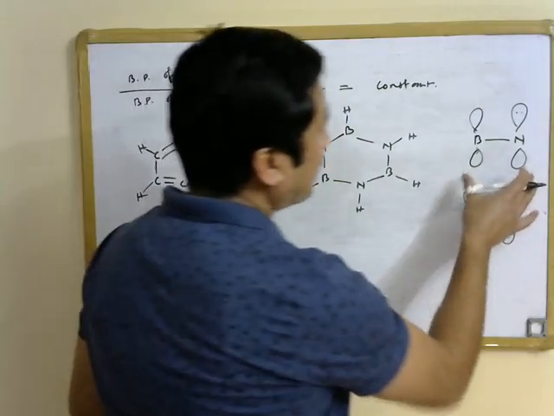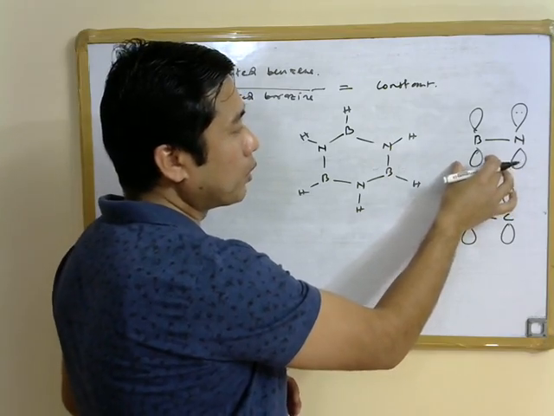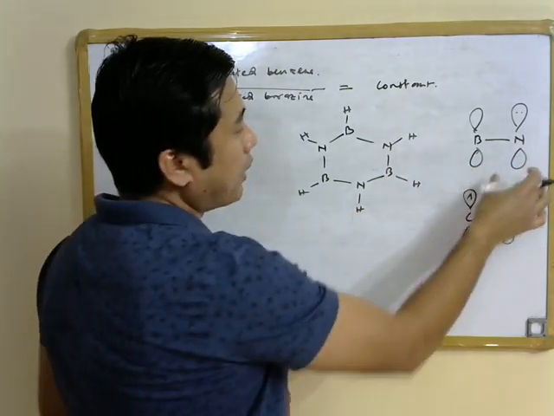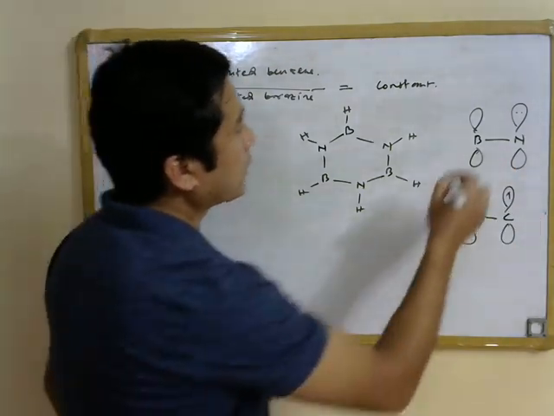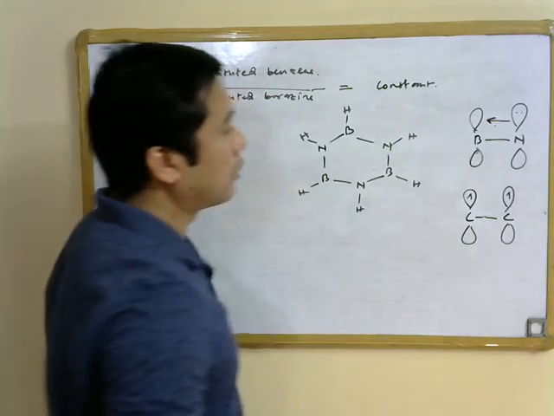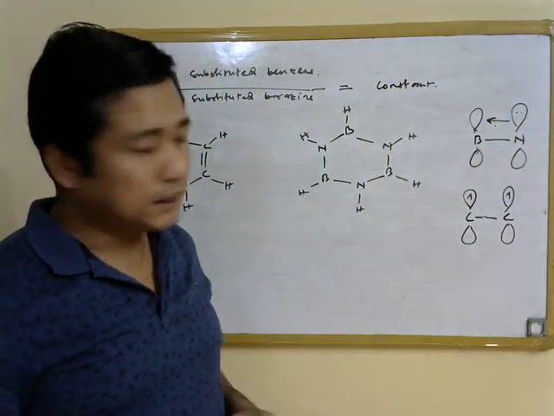But in case of Borazine, the unhybridized p orbital on boron is empty, while the unhybridized p orbital on nitrogen atom carries a lone pair of electron, and now a double bond has to form because of donation of this electron pair to boron center.